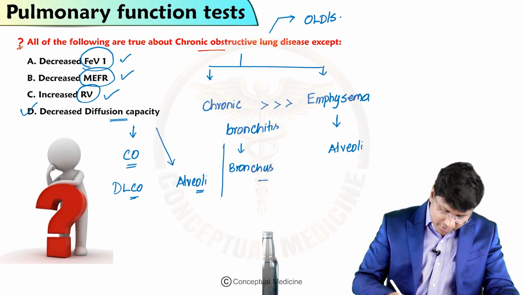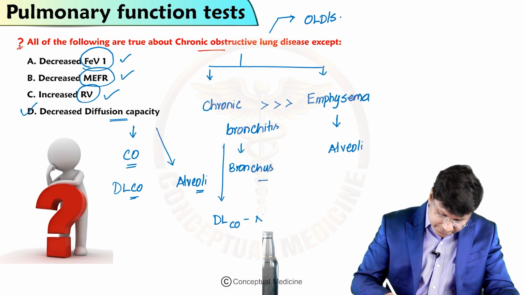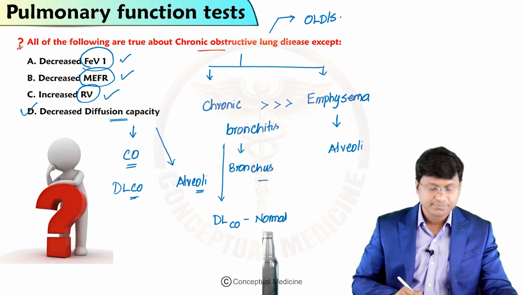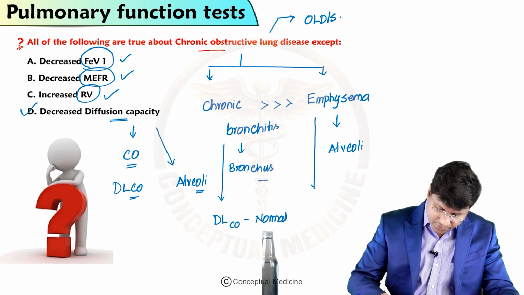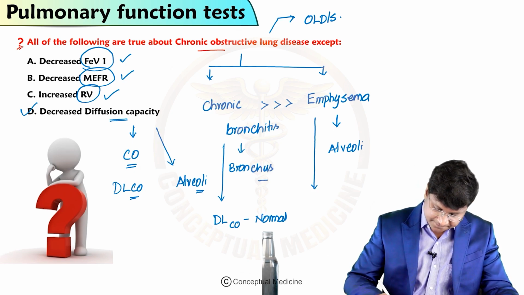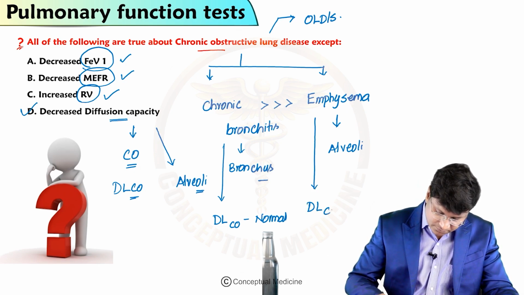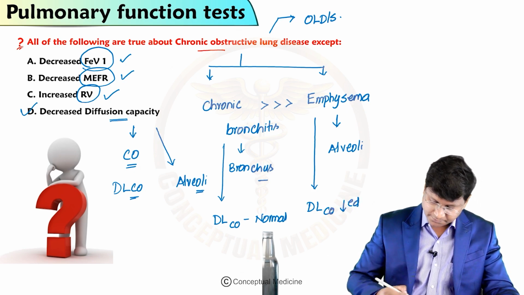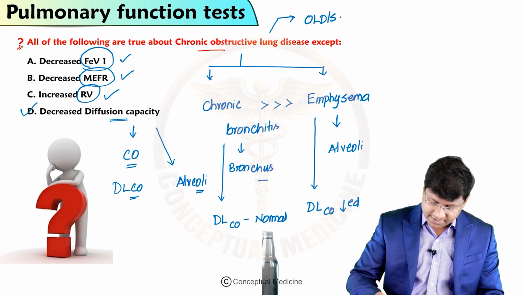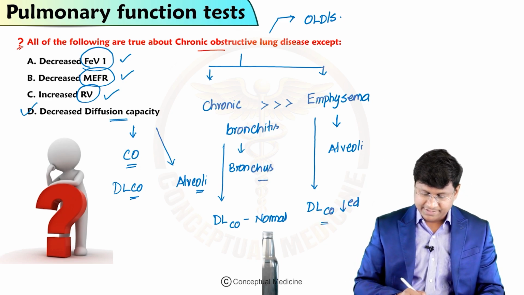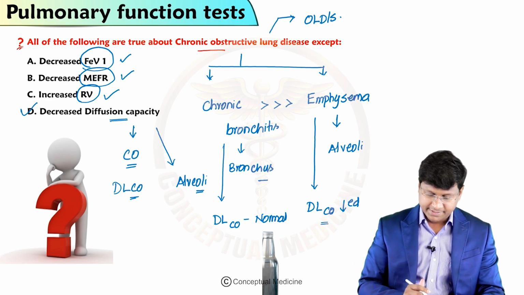So in chronic bronchitis, your DLCO will be normal. But in patients with emphysema, DLCO will be decreased.